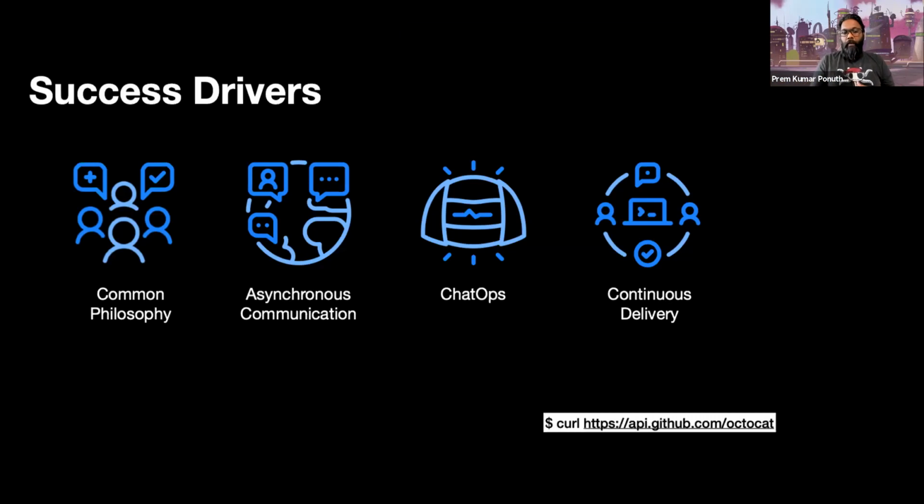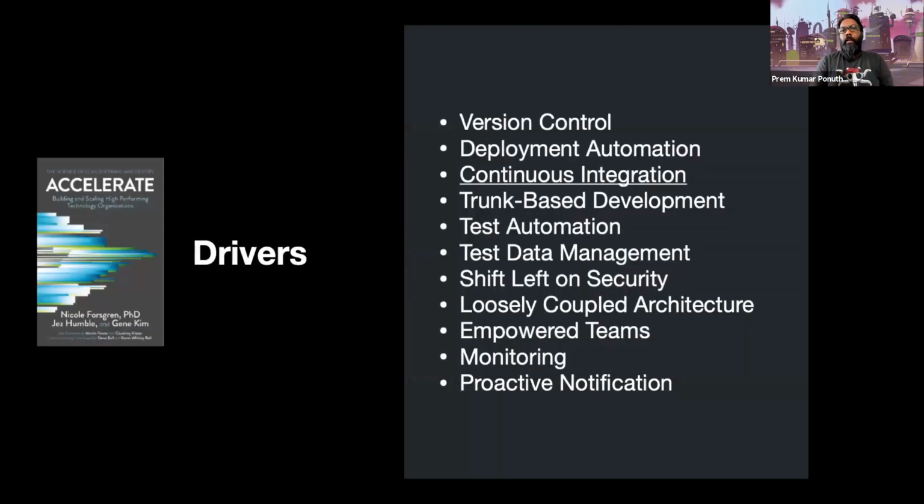But when we speak about continuous integration and continuous delivery or even deployment, there are multiple different success drivers, and those drivers are well captured and published in this book called Accelerate, by Nicole Forsgren.